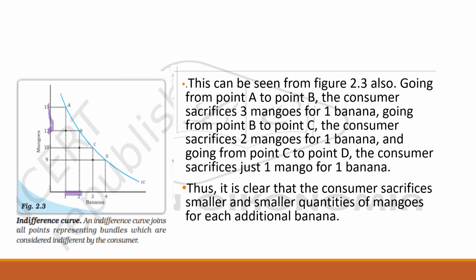And if you take B to C, here you have again 1 banana, and here the difference is 2. So thus it's clear that the consumer would be sacrificing smaller and smaller units of mangoes for each additional unit of banana.